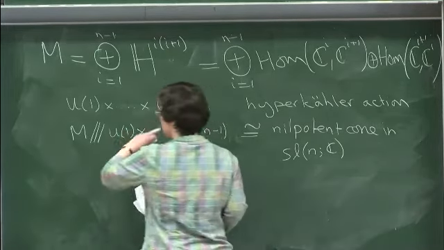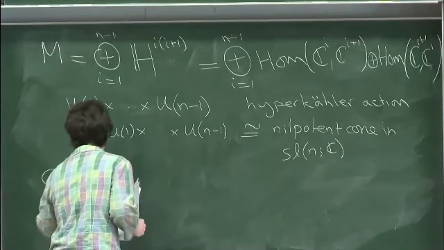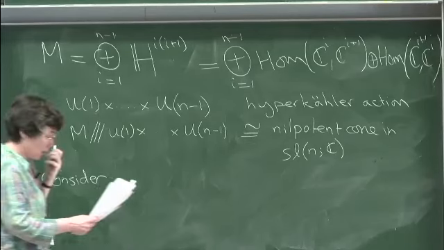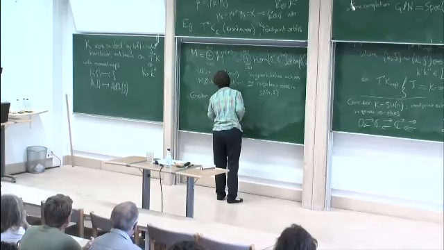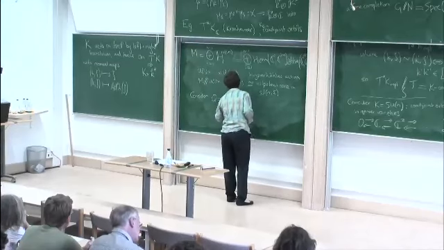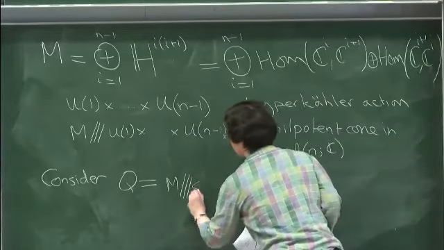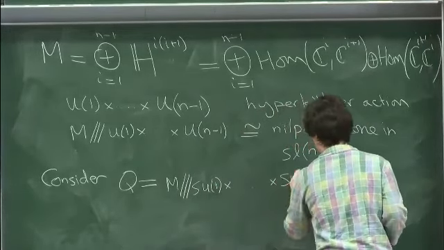So the idea was that, for our attempt to guess what hyperkahler implosion should be in the SU(N) case, we should take not the hyperkahler quotient by the product of the unitary groups, but by the product of the special unitary groups here.